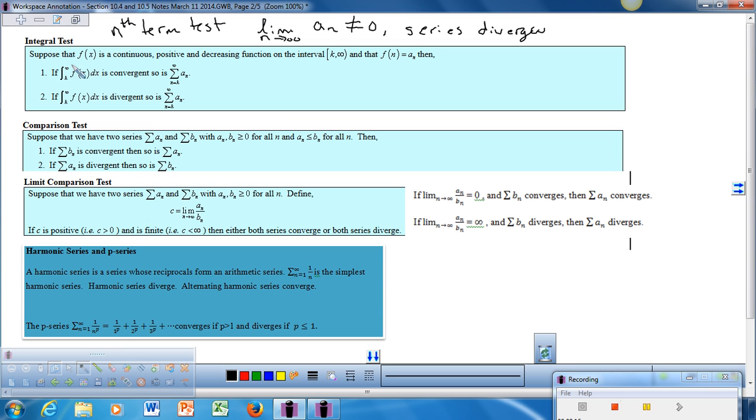The way that we can model it is we let our n, or our k in this case, go out to infinity. We're interested in what's happening as we go way out there. So underline in your notes that this function has to be continuous, positive, and decreasing. As we go through each of these tests, I'm going to give you the conditions that have to apply to use them, and other helpful hints about when you might want to.